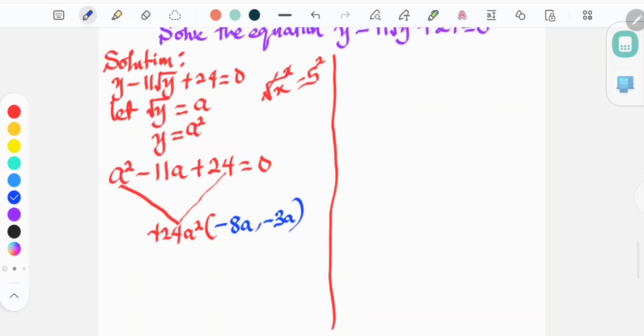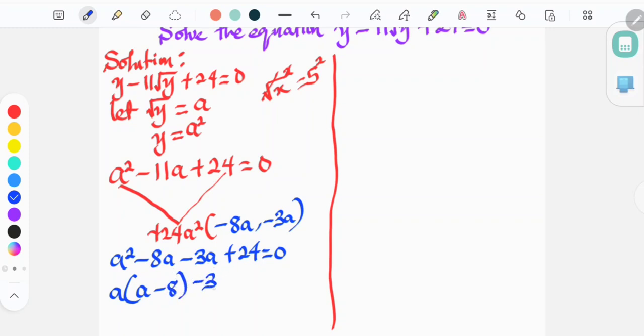So using these two, we can then go ahead and factorize and say a squared minus 8a minus 3a plus 24 equals 0. So a is common between these two terms. We have a open brackets a minus 8. Negative is also common, and 3 is common.